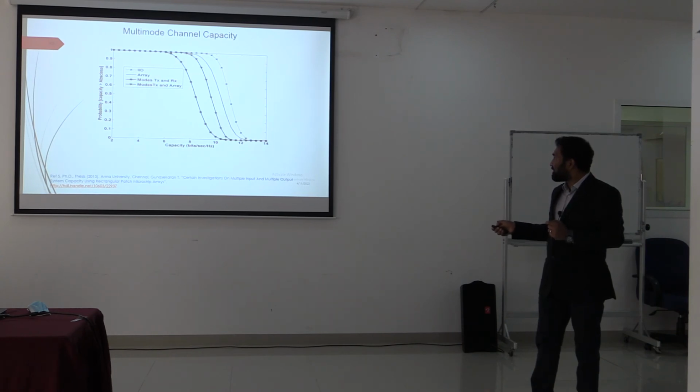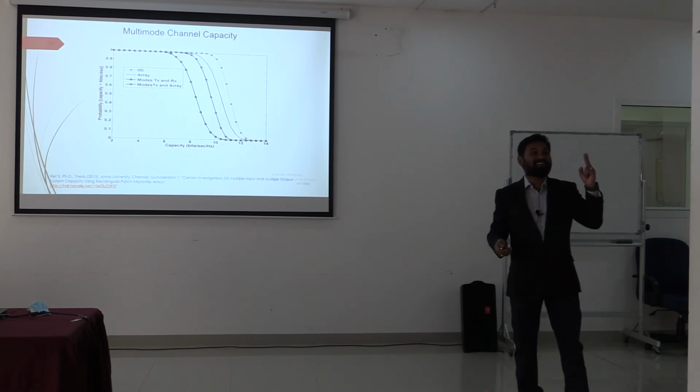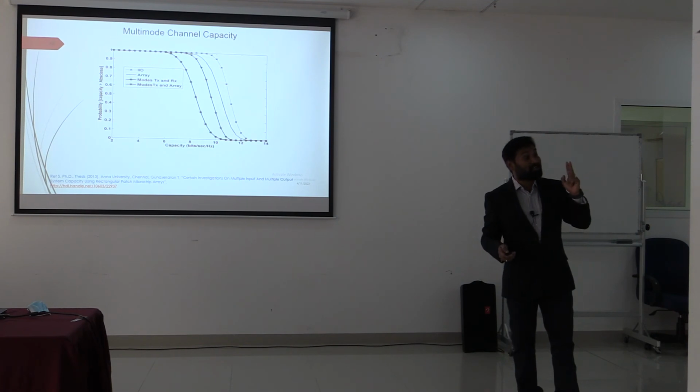I think the third one from the right provides the optimum capacity, and the capacity reduction is only from 13 to 11. So only a 2-bit reduction in the capacity, so multimode antennas are also a suitable solution for the user equipment.